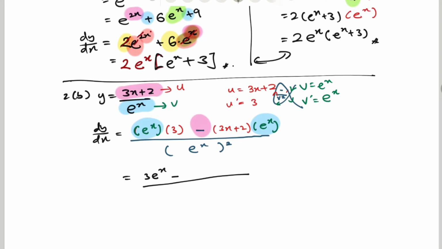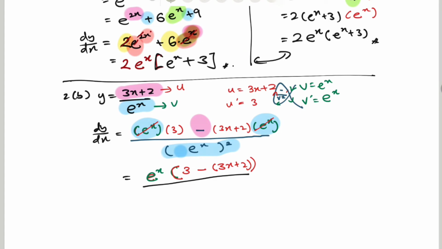So this means that I can factorize e to the power of x. And since I also have e to the power of x at the denominator, that means that I can cancel that factor e to the power of x. So let me factorize e to the power of x. When I take it out, what's left on the left side here is just 3. And then we still have a bracket, 3x plus 2, and e to the power of x has been taken out.